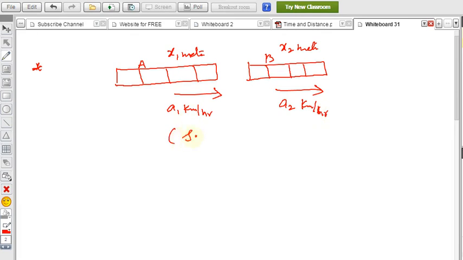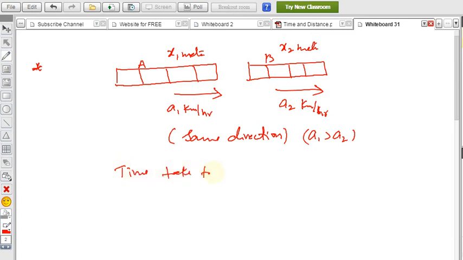So they are traveling in the same direction. Obviously a1 must be greater than a2. A1 is greater than a2, then only it can cross, right? Otherwise it won't cross.